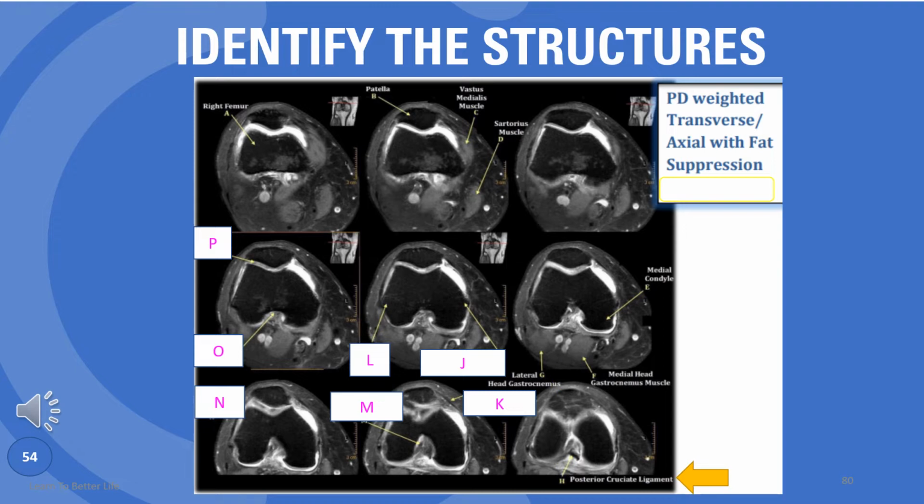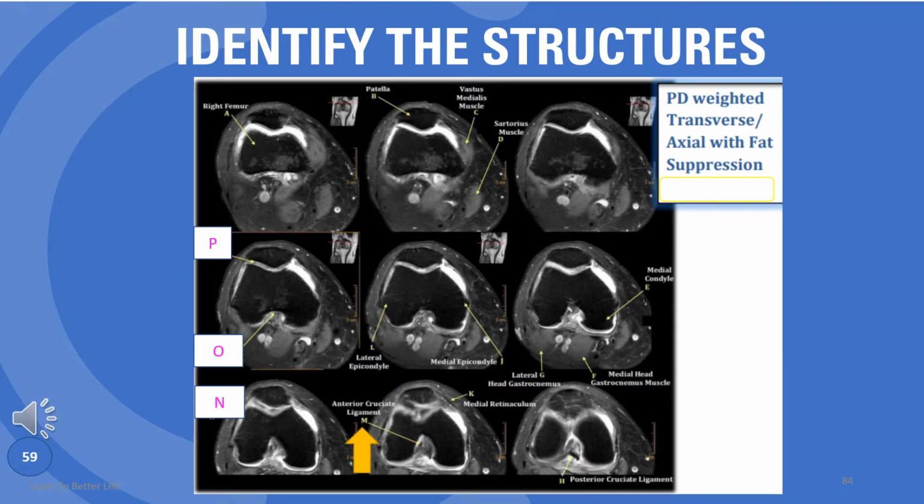H is posterior cruciate ligament. J is medial epicondyle. Don't mistake this with E, medial condyle. K, medial retinaculum. L is lateral epicondyle. M, anterior cruciate ligament, ACL.